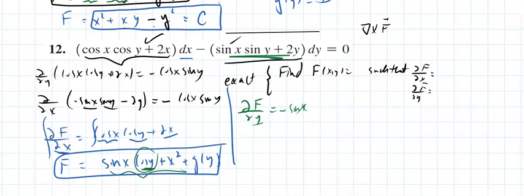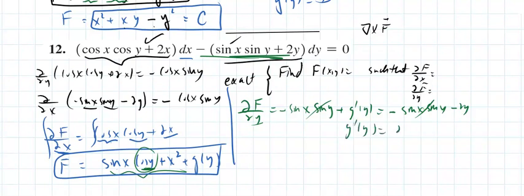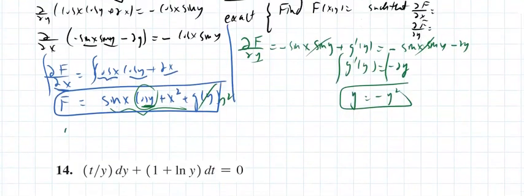Derivative of cosine is simply the sine of y plus g prime of y, and that should equal this piece, which is negative sine of x sine of y minus 2y. So those cancel out, so I'm left with g prime of y equaling negative 2y. So if I integrate with respect to y, since it's only in terms of one unknown, that is going to be negative y squared. So my final solution is f is sine of x cosine of y plus x squared over 2 minus y squared.